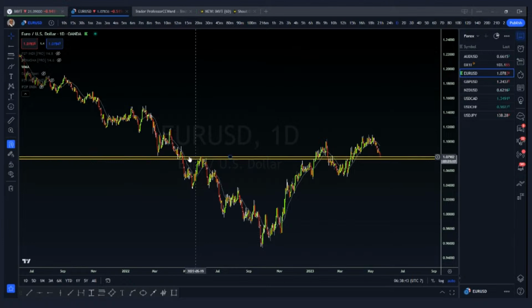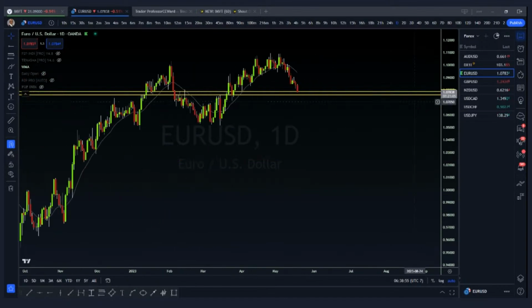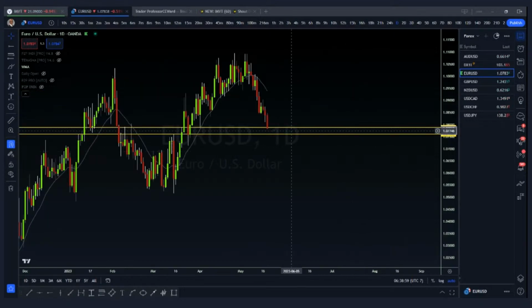When you have a level of support and resistance being tested on both sides, that makes this middle part very strong. So somewhere in here, we're going to get an uptrend again. We're going to get some type of reaction, and we just have to wait it out and see.